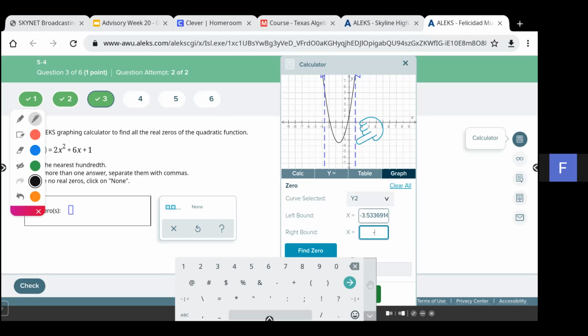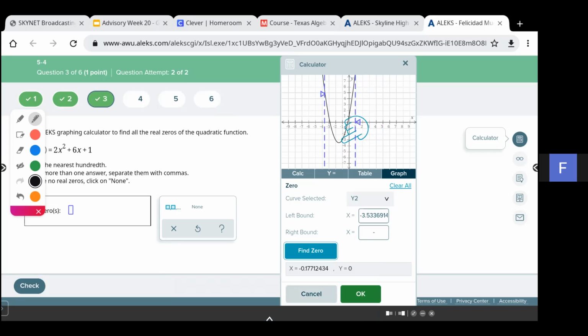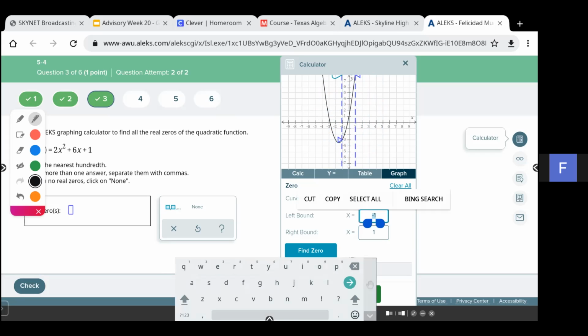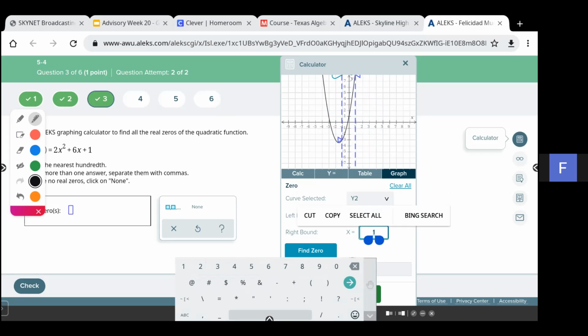I'm sure this works better on the actual computer. Because I should be able to. What if I put this at?